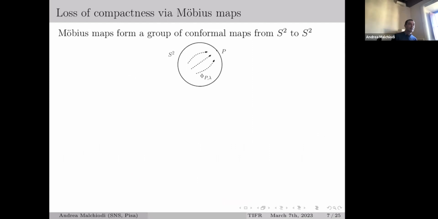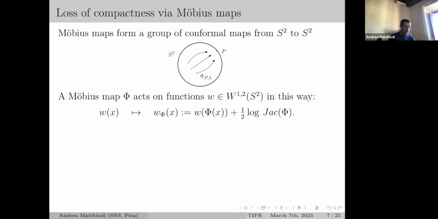What causes trouble is the family of Möbius maps, which are conformal maps from S2 to itself. And they act on conformal factors in this way. Don't look at the formula too much. But if you start from a conformal factor W, then there is a natural transformation, a sort of action which is induced by a Möbius map in this form.